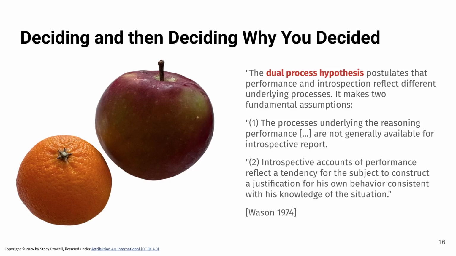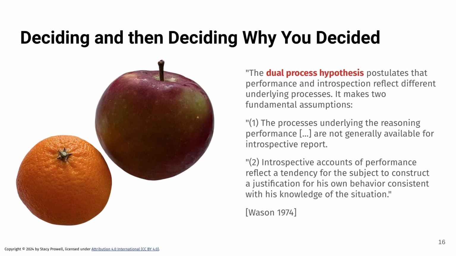You're making a decision, and the machine with your brain makes a decision. And then when you ask for an introspective account of performance, you construct a justification based on your knowledge that is consistent with what you just told me. And Wasson in 1974 did some work to show that this is how people operate. It's a clever experiment. You might want to read about it.